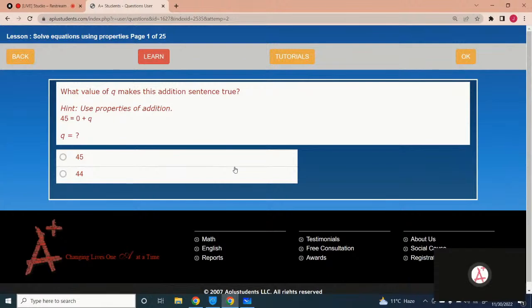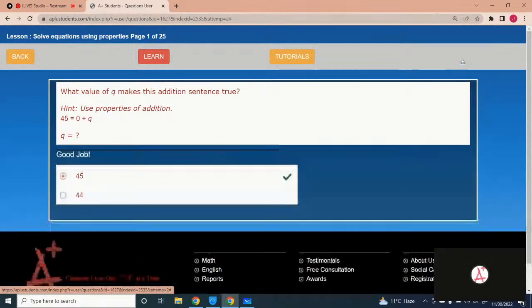Like 0 plus q is q. 0 plus 10 is 10. So q plus 0 is q, and the value of q is 45. Got it? Because you are given 45 equals 0 plus q. Yes, it is 45.